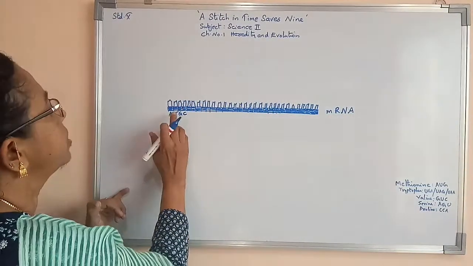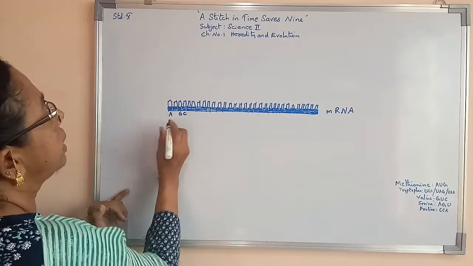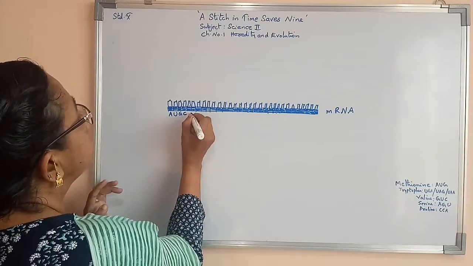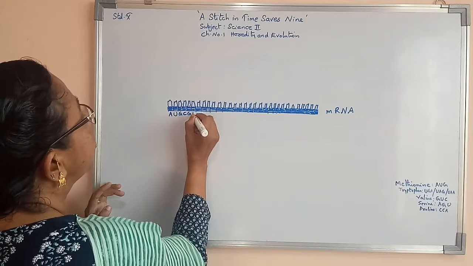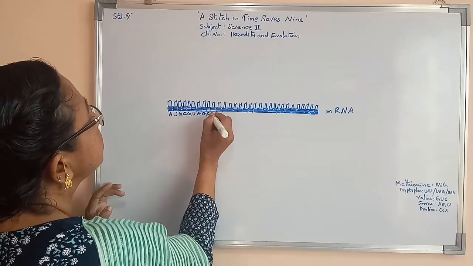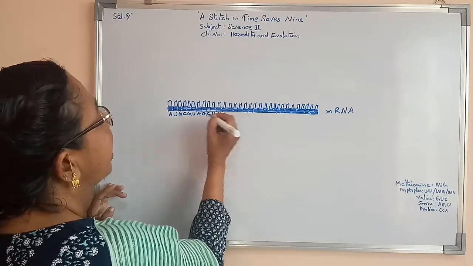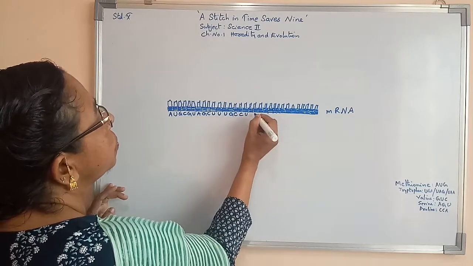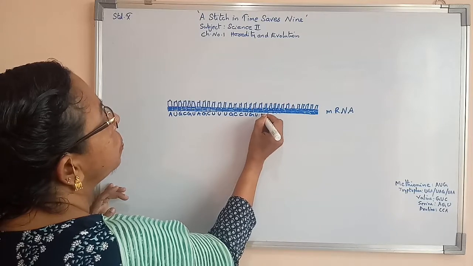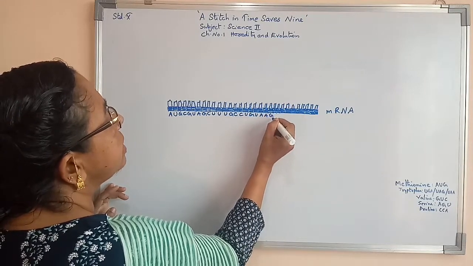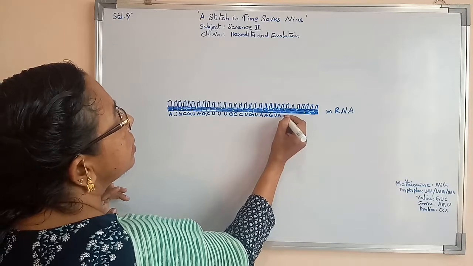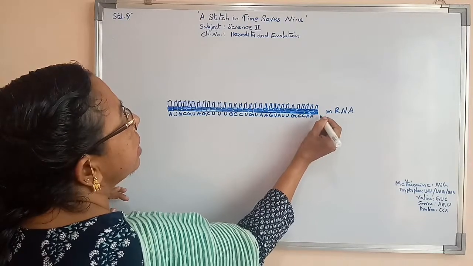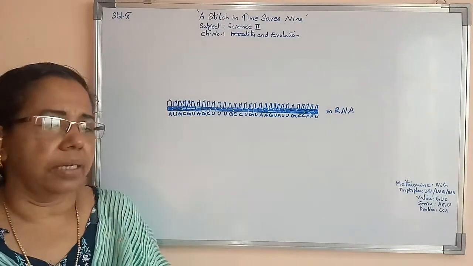In case of RNA, there should not be T. Instead of T, there should be U, then C, then G, U, A, G, C, U, U. Anyway, I am writing now U, G, C, C, U, G, U, A, U, G, U, A, then U, G, C, C, A, U. Like that, I have written any letters.